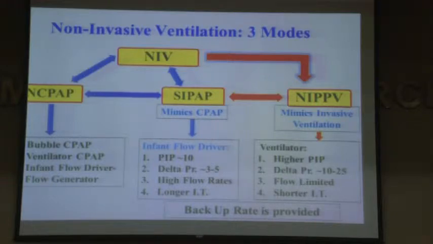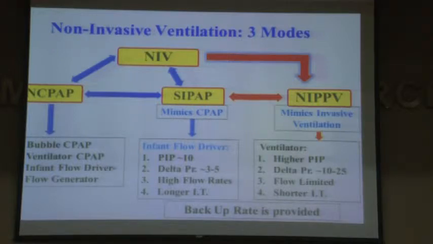So the peak inspiratory pressure you can get is limited by the high flow rate they use. Second, the depth of pressure, that is PIP minus PEEP, is very narrow, 3 to 5 centimeters. There are two flow generators, one for the high pressure, one for the low pressure. And we have used a relatively long inspiratory time to deliver the pressure.